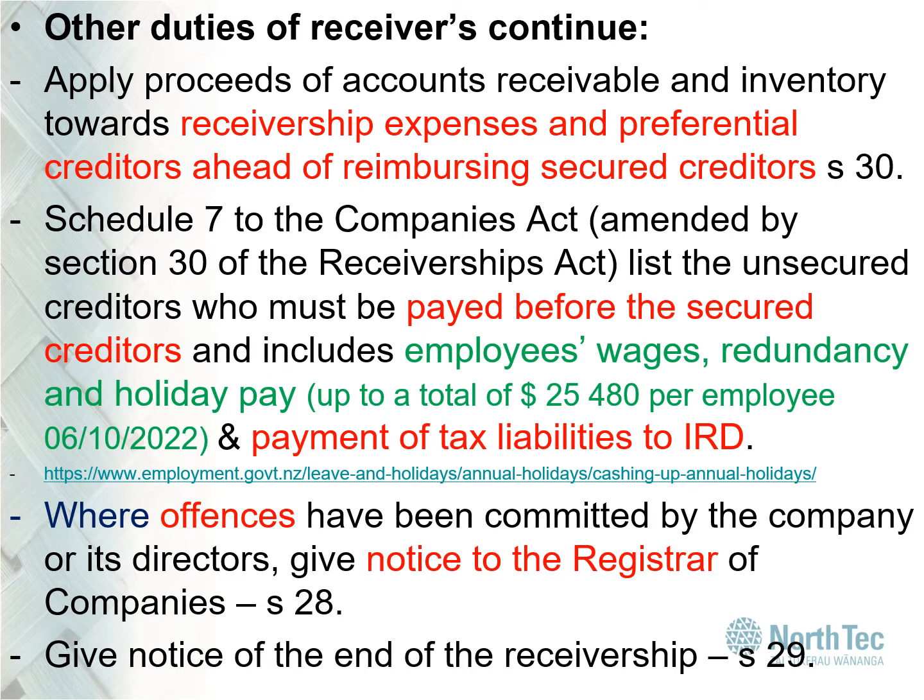Where offences have been committed by the company or its directors, you should give notice to the registrar of companies according to section 28. I mean, if I say you, I mean as a receiver, if you're the receiver. And then the last thing, you should also give notice of the end of the receivership. Right in the end, when it's all ending, section 29, you should also give notice of that.